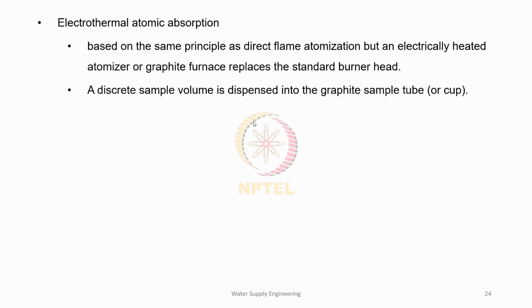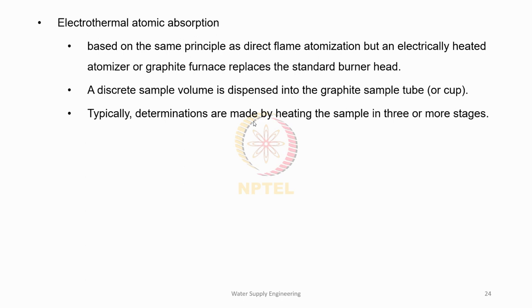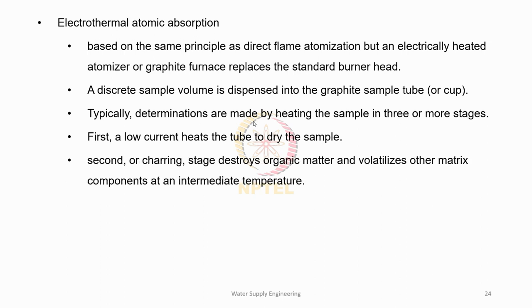In the graphite sample tube or the furnace, we apply the sample volume and then the sample is heated. This will happen in three or more stages. First, the sample will be dried, then charring happens, where organic matter is destroyed and the rest of the material is volatilized.